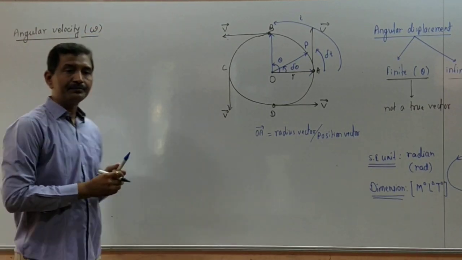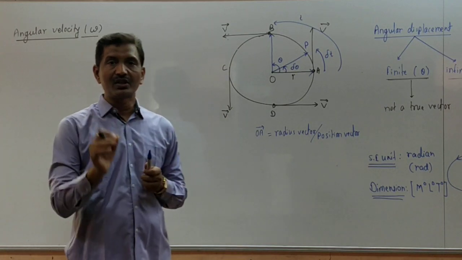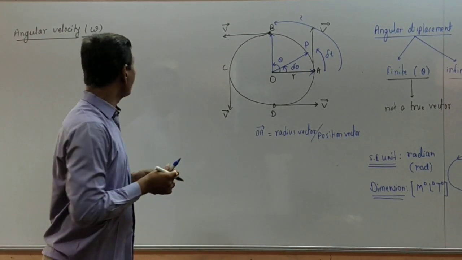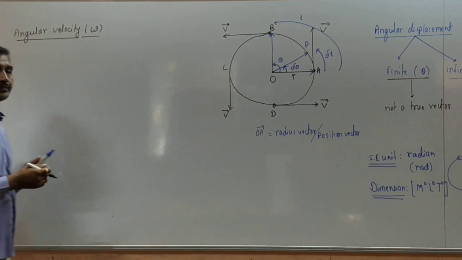Definition is very simple. The rate of change of angular displacement is called the angular velocity.